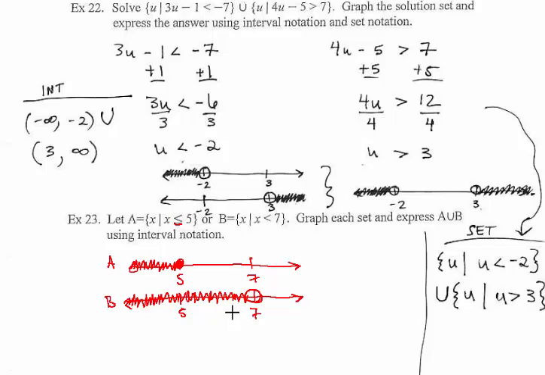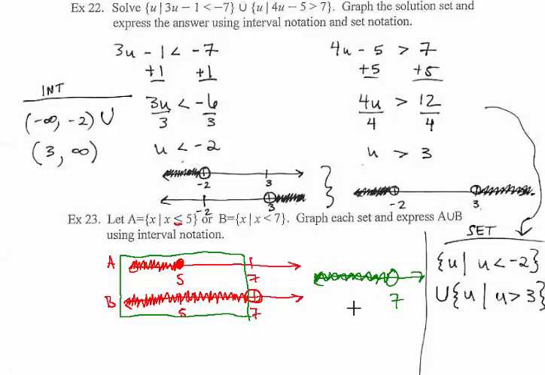Now we want the union of the two, so that means any numbers that are in one or the other, any shaded number, and that leaves us with these numbers that are left of the 7. It's just that these numbers to the left of 5 are sort of double shaded, but nonetheless our solution is open dot at 7, shade to the left.